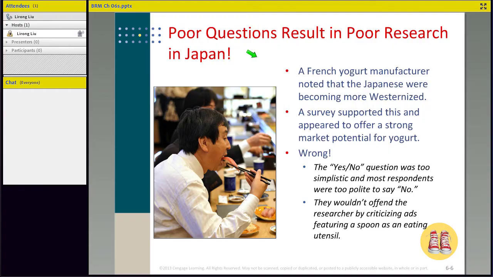So back to the research. For this research from the French yogurt manufacturer, what they did is they simply used yes or no questions to ask about consumers' preference about yogurt. Now, look, Japanese are very polite, so they were too polite to say no. If you ask them, would you buy this product?